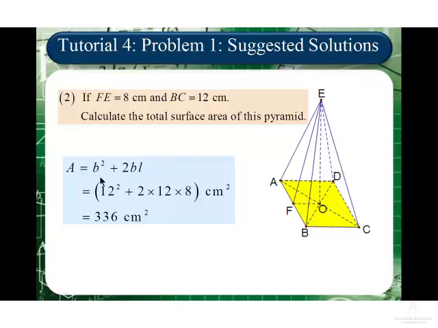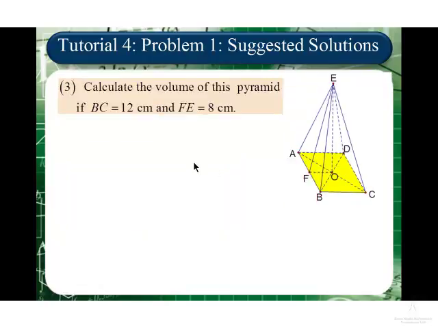That is, in our case, b, which represents the side length of the base, 12 centimeters, and L, the slanted height, is given as 8 centimeters. Substituting and calculating, we see that the surface area of such a pyramid will then amount to 336 square centimeters.